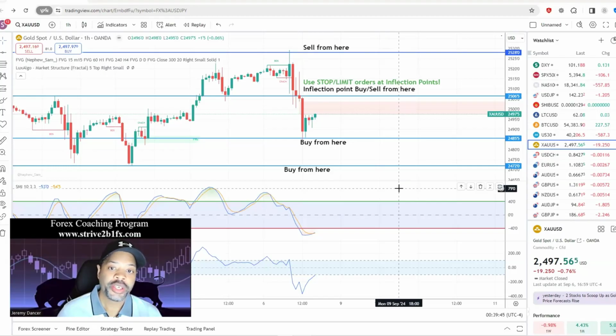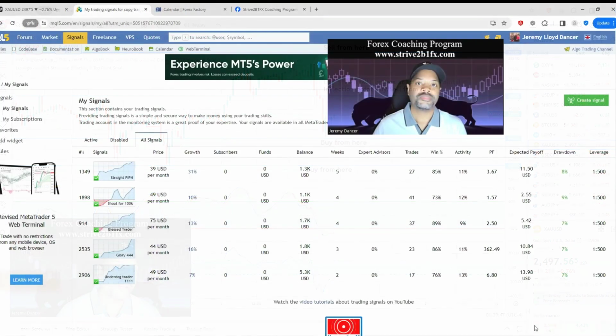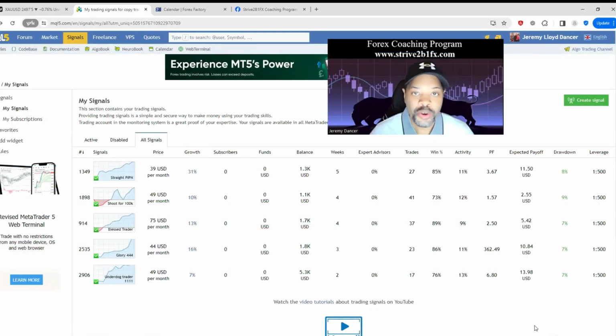That's why you can copy my trades now. Okay, so for those of you who are just like, you know what, I really don't have time to learn this, or I need to take my time learning, I get it. And that's why I have made it possible for you to automatically be able to copy my trades. All right. So here are 5 accounts that I currently have that are available for you to copy from.